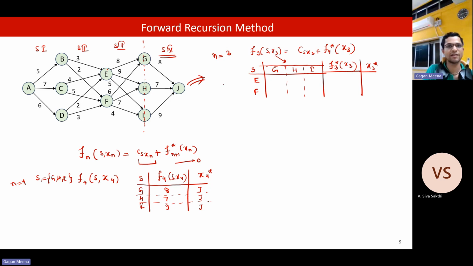So we can directly write from E to G, we can go by 8 plus, and G to J is 8. If we go to H, E to H is 9 plus 7. And E to I is 5, 5 plus 9.